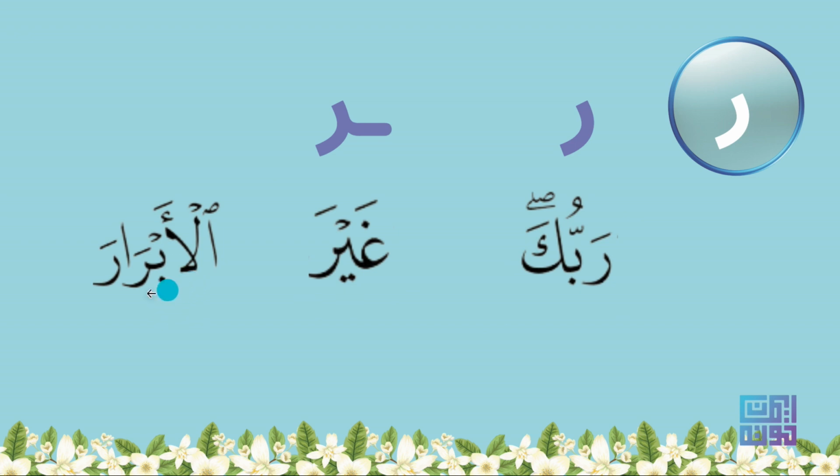And here it's connected with the letter that came before it, which in this case is the Ba, while the Ra at the end is written separately because of the Alif, which does not connect with the letter that comes after it. So this is a Ra and another Ra with an Alif in between.